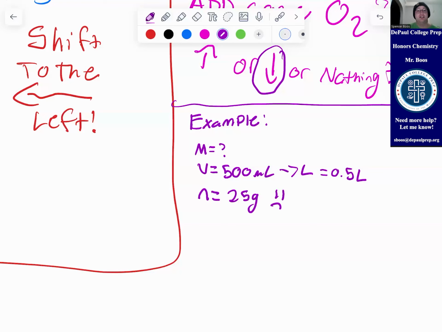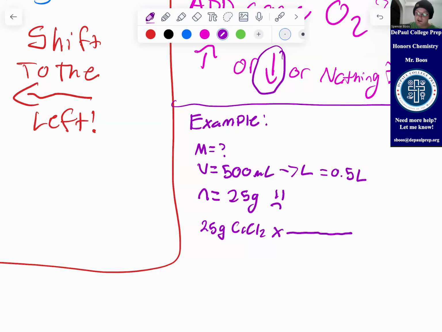We specifically need moles. So to solve this issue, we do a gram to mole one-step stoich problem. 25 grams of CaCl2 times the molar mass of CaCl2, which I do not know off the top of my head.